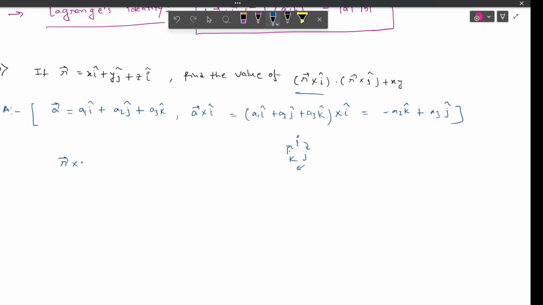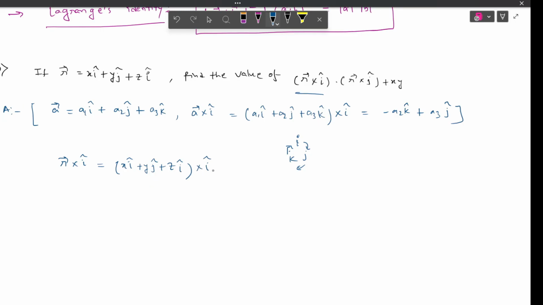So r cross i would be, r vector is x i cap plus y j cap plus z k cap, cross product with i vector.